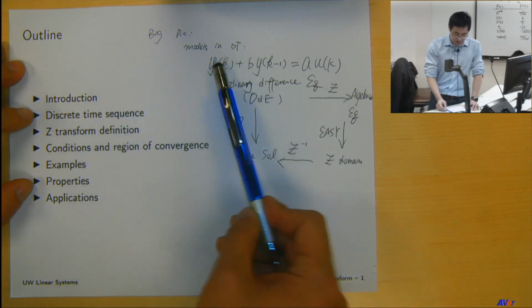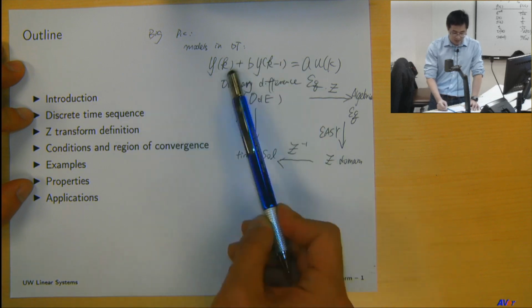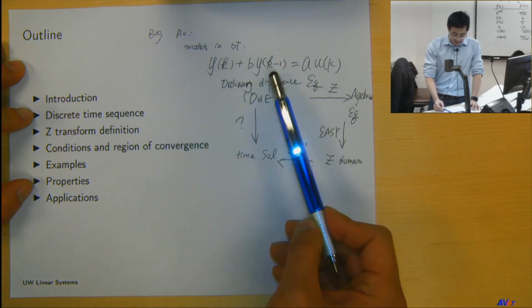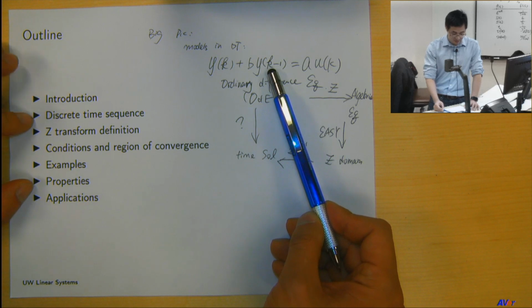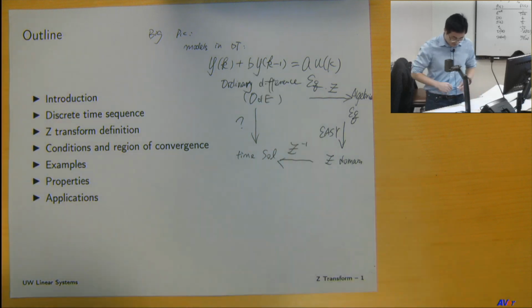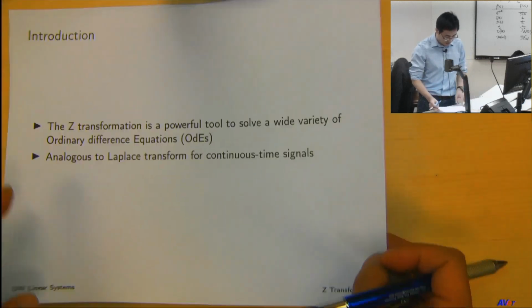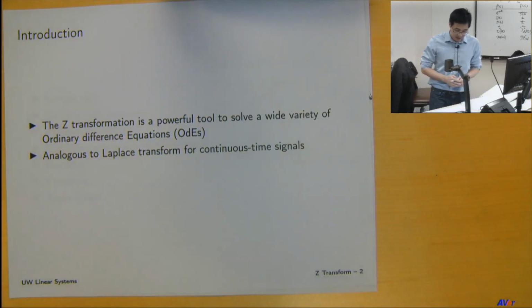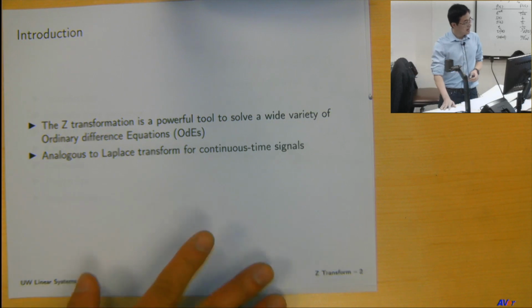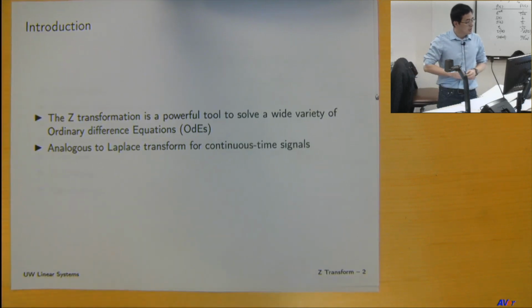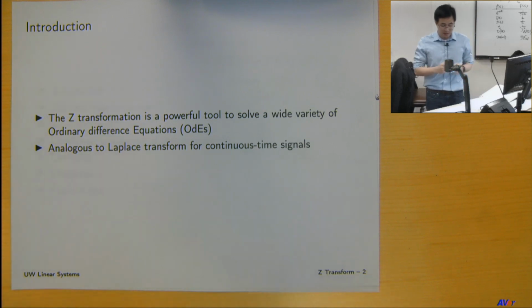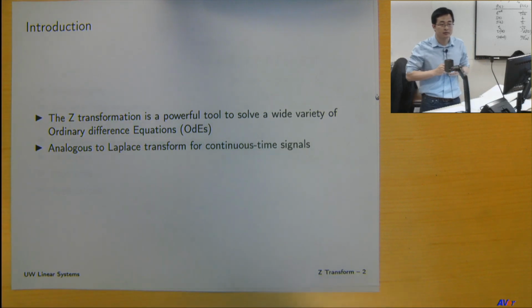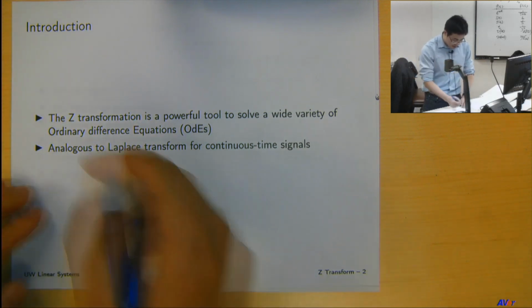Now, this is a discrete time sequence. All these are discrete time sequences that are defined at discrete time intervals. So we talked about the big picture and why it's a powerful tool to solve ordinary difference equations, and then the analogy between the Z domain and the S domain.